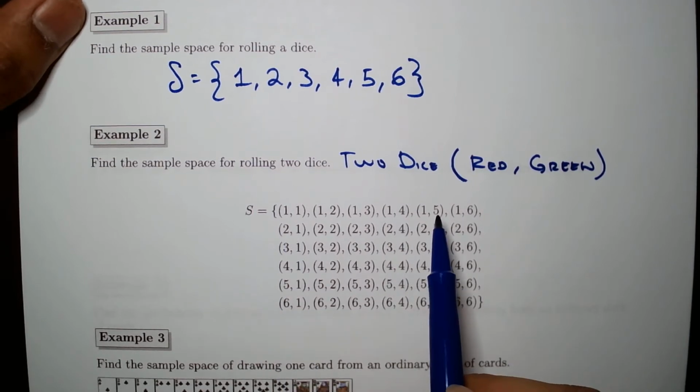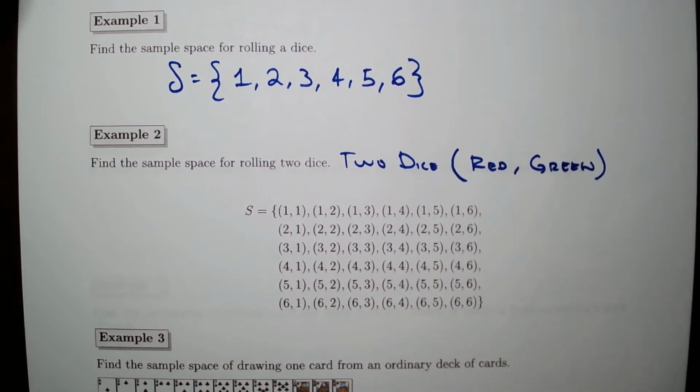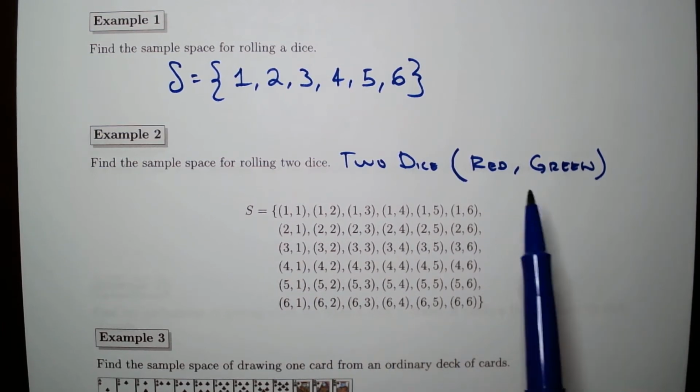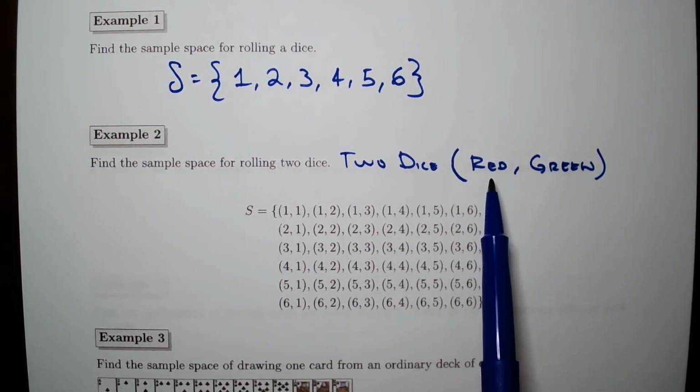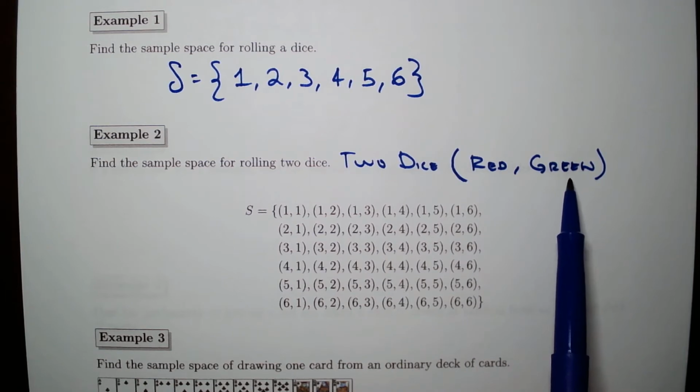If you think of these ordered pairs as X and Y, well, we're not really in the algebra class, but you can sort of think of those. So X is red, Y is green.